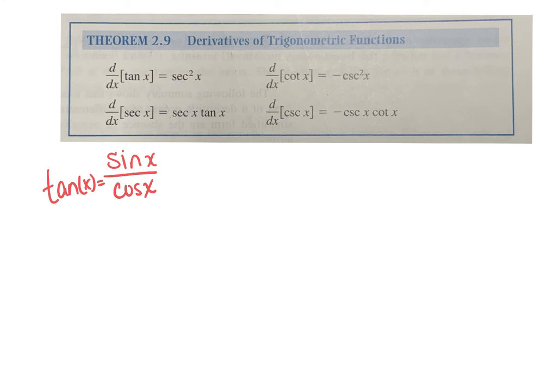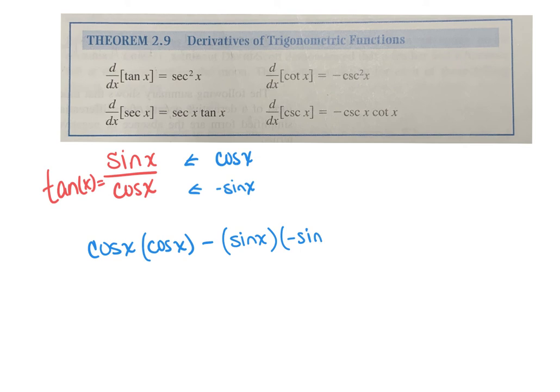All right, which means the derivative of top is cosine of x. The derivative of the bottom is negative sine of x. So I have the derivative of the top times the bottom, minus the top, which is sine of x, times the derivative of the bottom, all over the bottom squared.